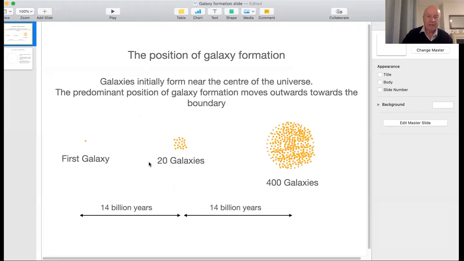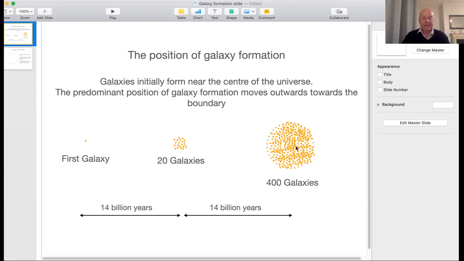This is a slide taken from a previous presentation where it shows the evolution of galaxy formation. So here's the first galaxy forming, and within 14 billion years we have 20 galaxies, and every 14 billion years the number of galaxies increases by a factor of 20.